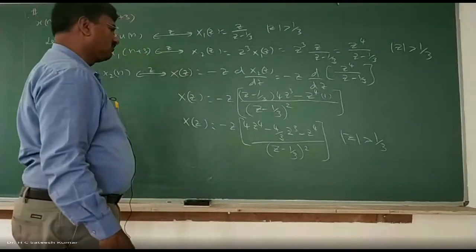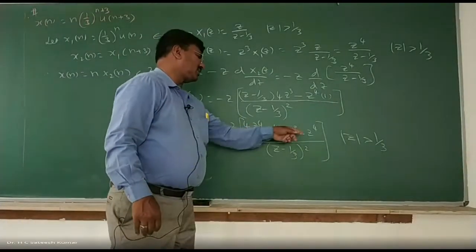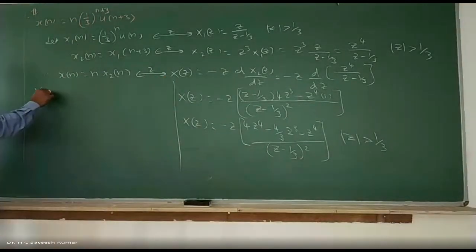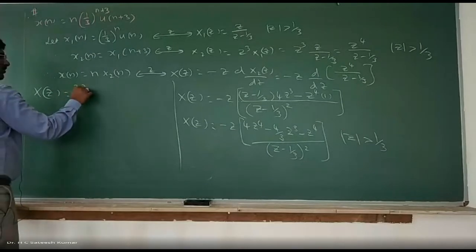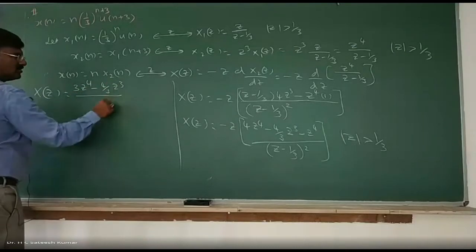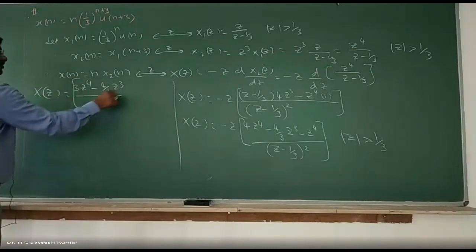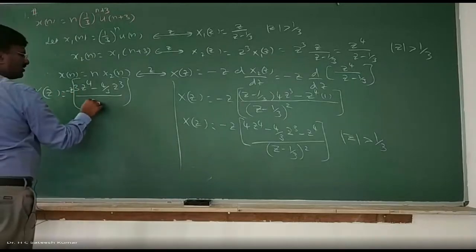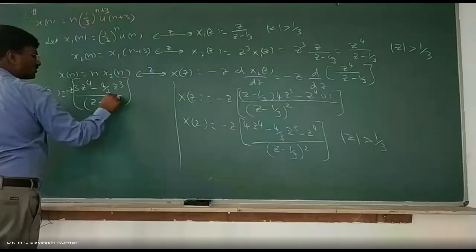So now simplify 4z to the power of 4 minus z to the power of 4. Therefore, x of z is equal to what? X of z is equal to 4z to the power of 4 minus z to the power of 4 is 3z to the power of 4, minus 4 by 3 z cube, into minus z, divided by z minus 1 by 3 whole square.